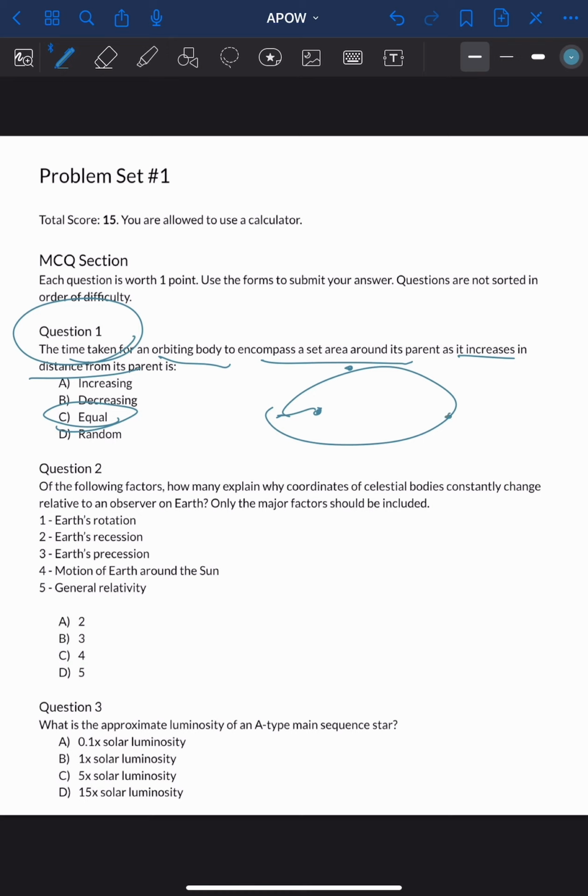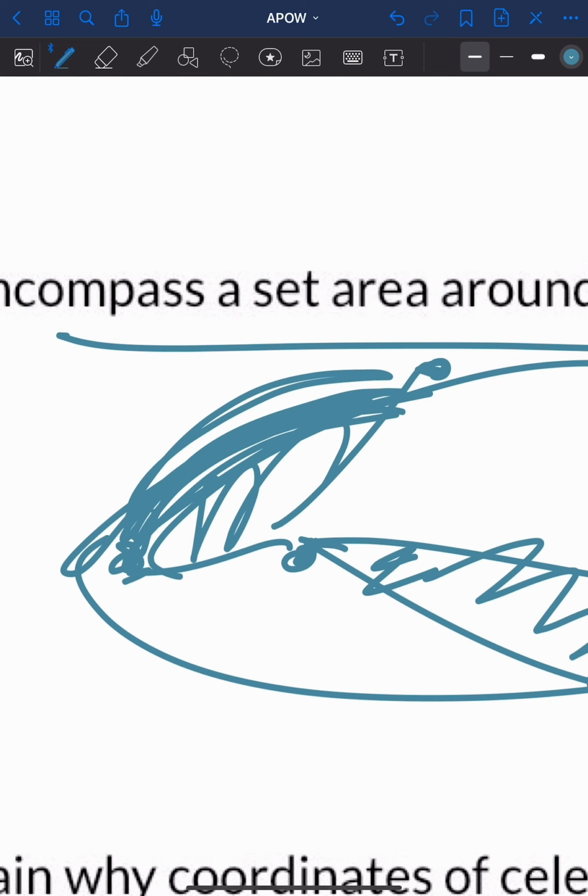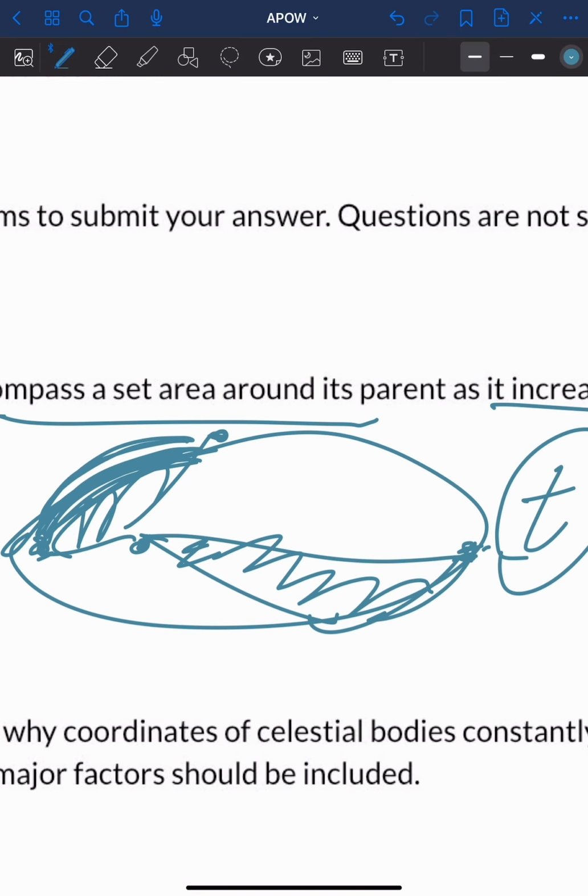If it's here or here, the area that it will encompass in a set amount of time, say t, is going to be the same, because the speed here is faster, so it covers more distance. But the short distance from the star makes up for it.